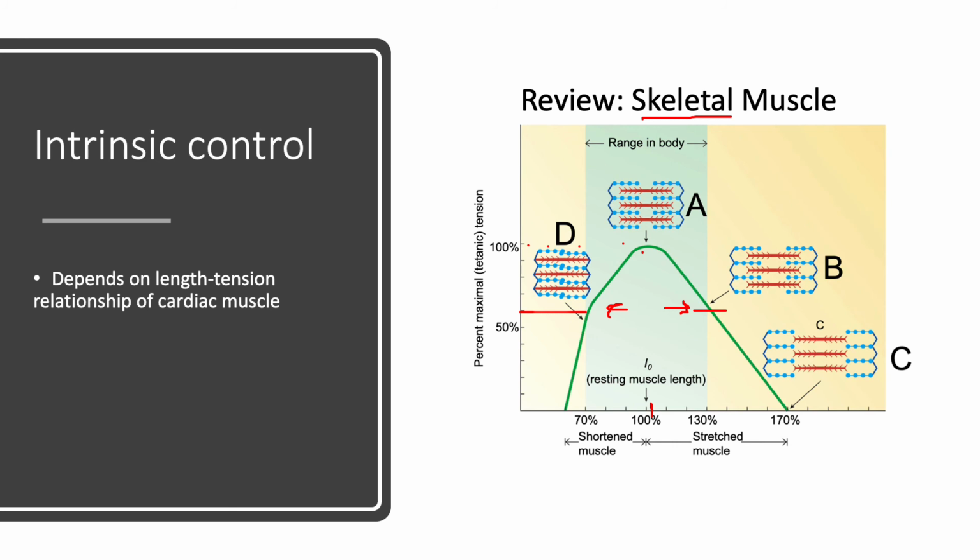And again, that has to do with your sarcomeres here, right? So if they're stretched out, then you have less interaction of myosin heads, right, with the thin filaments, the actin. Okay? And if you compress them too much, same thing, less interaction between them. So there's this optimal length for skeletal muscle where you get optimal interaction of myosin heads and the actin molecules on the thin filaments. Okay?